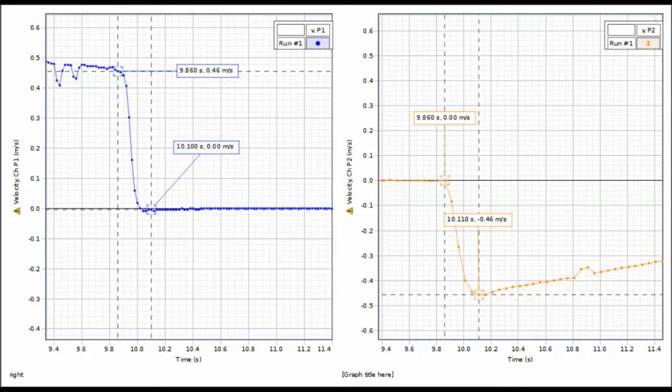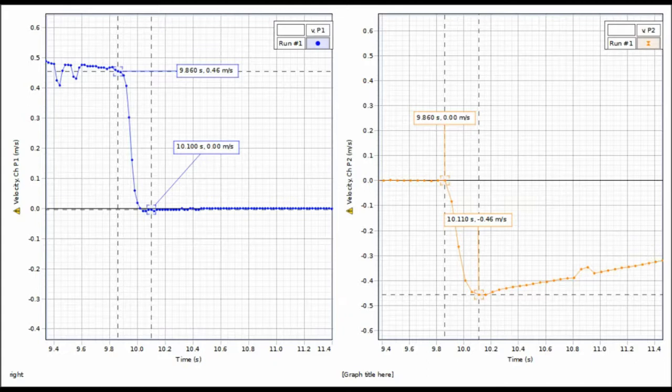This is the kind of graph that we get as a result of our recordings. Notice here that the positive direction of the motion is to the right, and the initial velocity of the trolley was 0.46. When it collided, it became 0.